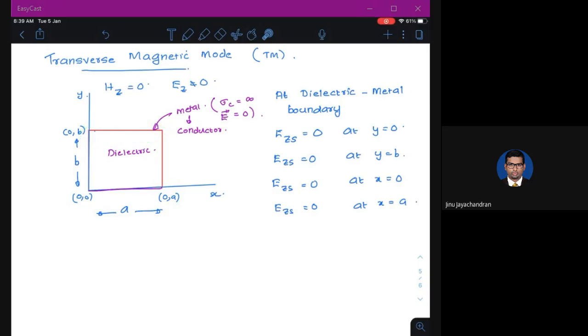For all x between 0 and a at y equal to b, the component is 0. You can do that also for all x and y. But the electric field component is 0 only on these boundaries. You should be careful, there is still an electric field component inside the dielectric. Because if there is no electric field component inside the dielectric, the wave will not exist, because already Hz is 0. So you should be careful.